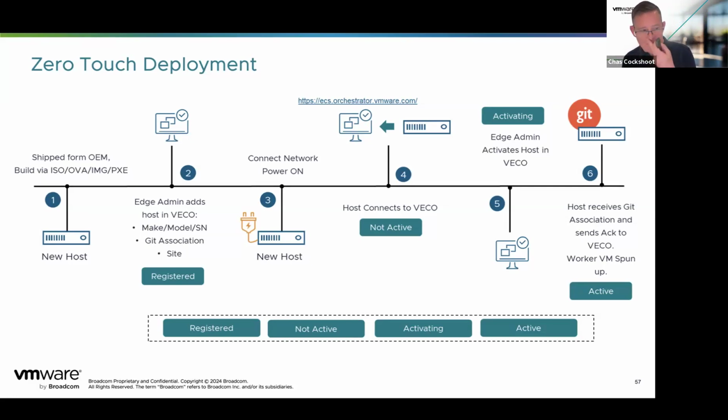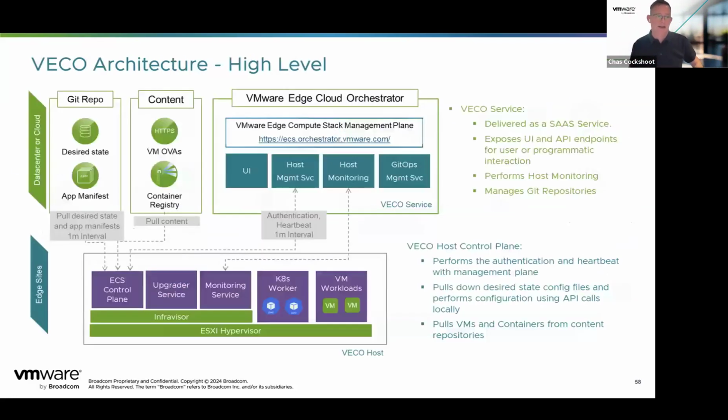So from an architecture perspective, we drill into what's happening under the covers. How are we doing that? I'll start at the lower half of the diagram. As I said, we've got the ESXi hypervisor there. We have the improviser that allows us to bootstrap these components. And we have 3 things there: the control plane, an upgrader service, and a monitoring service.